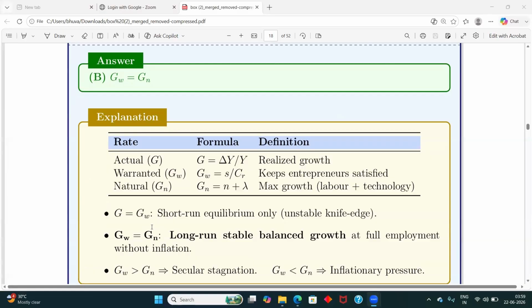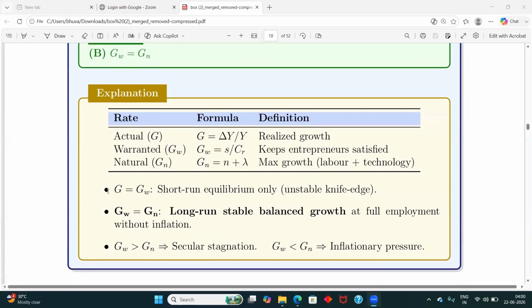Natural growth GN is equal to n plus lambda, the maximum growth with labor plus technology. So actual growth equal to warranted growth is a short run equilibrium only, an unstable knife-edge condition. Warranted growth equal to natural growth is a long run and stable balanced growth at full employment without inflation.